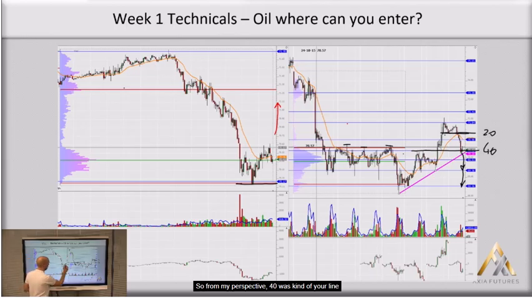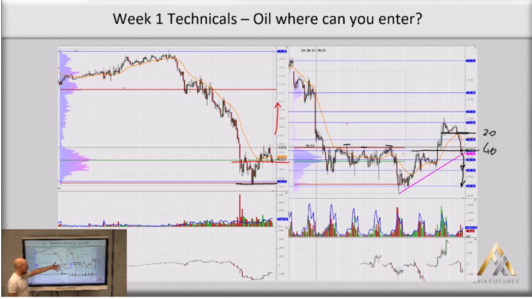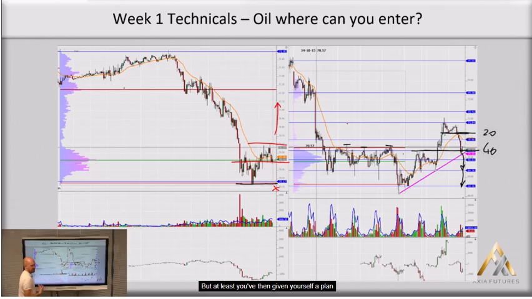So from my perspective, 40 was kind of your line to make the decision, which therefore means that you are essentially limited in places to execute, i.e. selling through the low or buying through the high, but at least you've then given yourself a plan. There's no way you're selling 60. There's no way you're buying 17. It's either got to 17, in which case it must have broke 40, or it's got to 60.